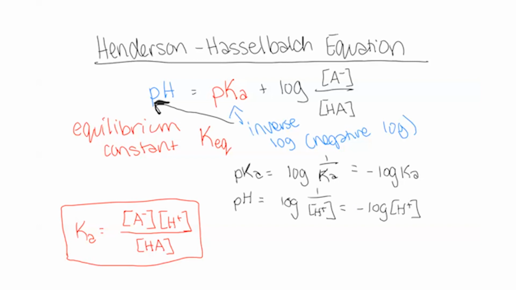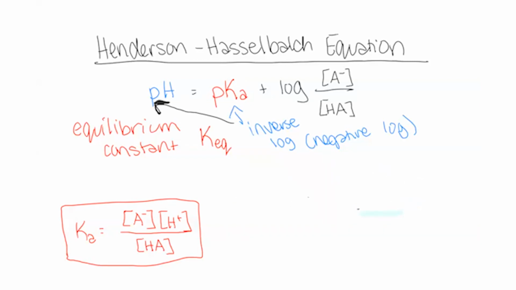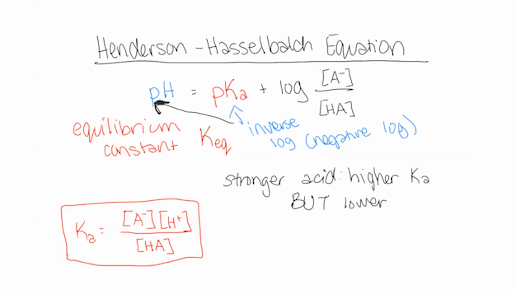So now let's think about what's going to happen if we have a stronger acid or a stronger base. In the equation for Ka, the stronger the dissociation, the more protons you'd have. And so a stronger acid would have a higher Ka, but it's going to have a lower pKa.